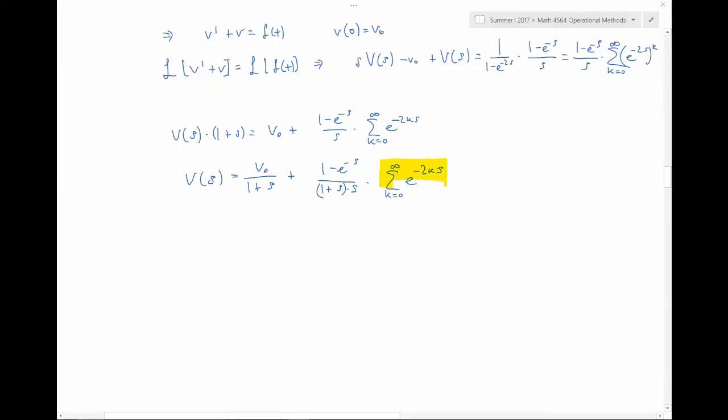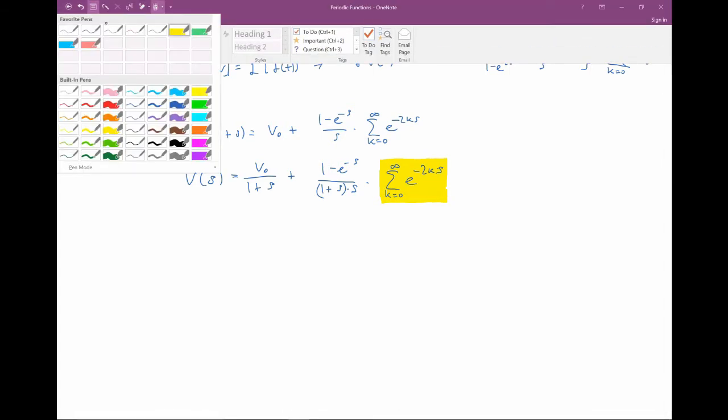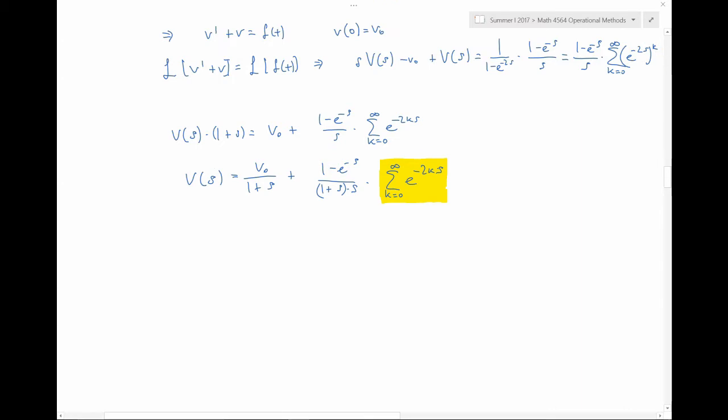So this will only produce the shift in the inverse Laplace transform. So what we're interested in is the inverse Laplace transform of v naught over 1 plus s, and that simply is v naught times e to the minus t, and the inverse Laplace transform of 1 minus e to the minus s over 1 plus s over s.